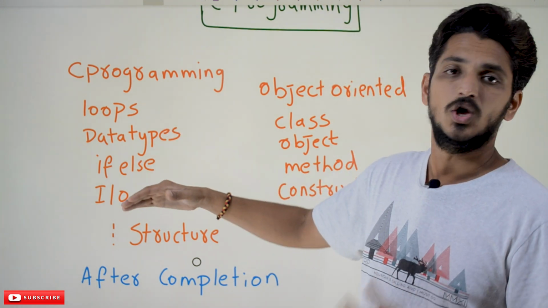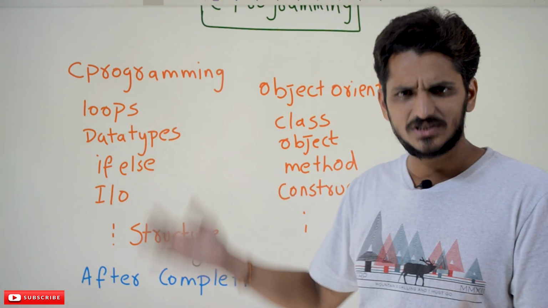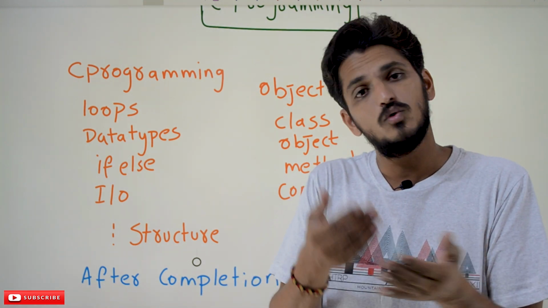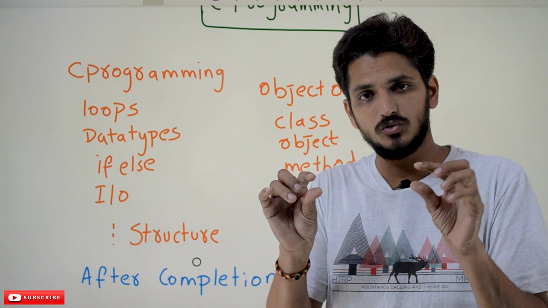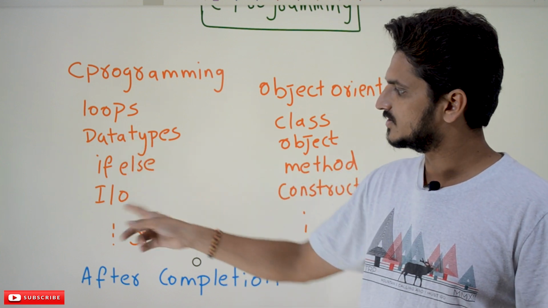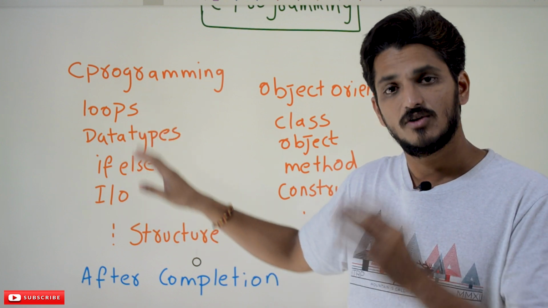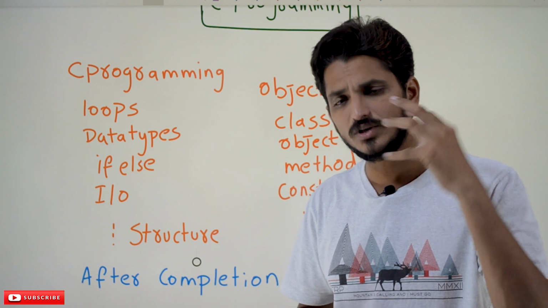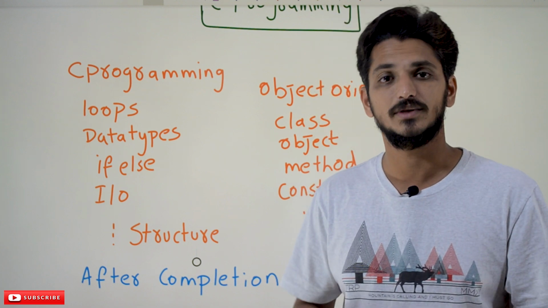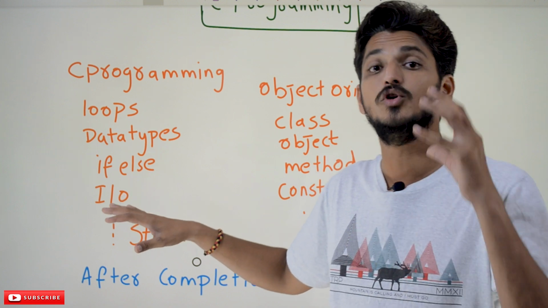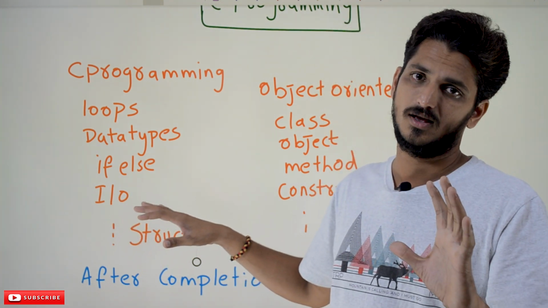Again, you are going to study loops. The concept is the same, you just have to understand the syntax, how Java writes loops. For data types, if-else statements, IO statements, functions, arrays, all these concepts you will touch again in object-oriented programming. That's why 60% of the subject is very easy if you are good at C programming.